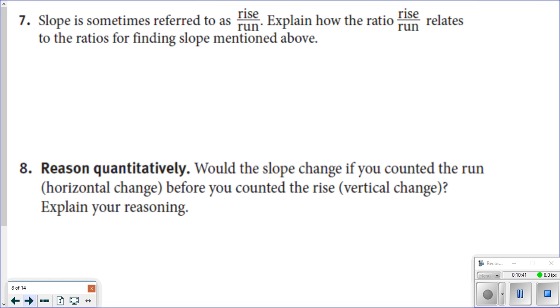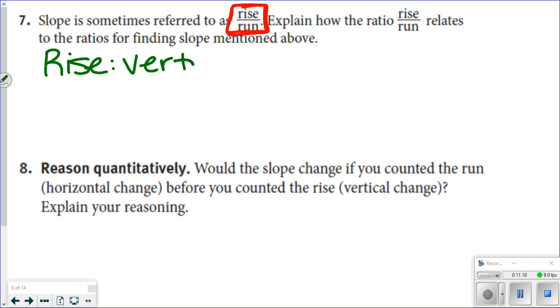Number 7. Slope is sometimes referred to as rise over run. I'm going to use those 2 R words a lot, rise over run. Explain how the ratio rise over run relates to the ratios for finding slope. So if we were talking about the word rise, that would mean our vertical change, which is also our change in y.